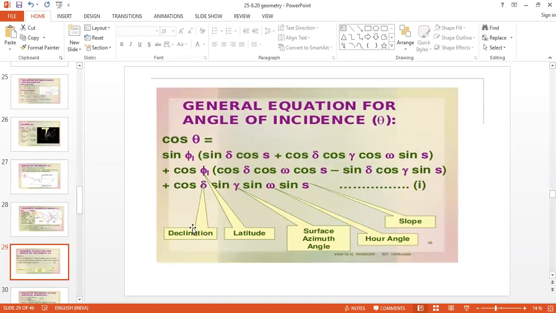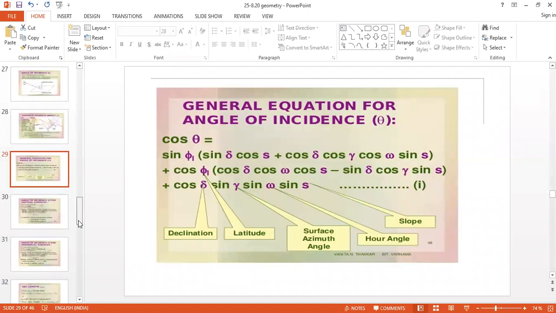So declination is delta, latitude is phi, the surface azimuth angle is gamma, the hour angle is omega, and slope is s. This is the formula for the general equation of angle of incidence. These are used in problems.